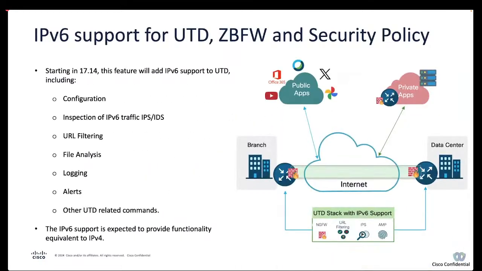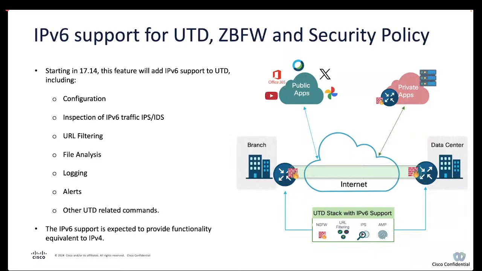All right, so the next feature we have is IPv6 support for your UTD-based policies, zone-based firewall, and security policy, right? As you know, many customers are transitioning to IPv6 or using a combination of both, an IPv4/IPv6 dual stack solution, for their growing network and rapidly changing requirements.